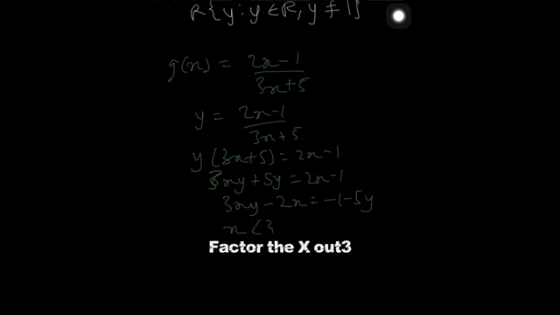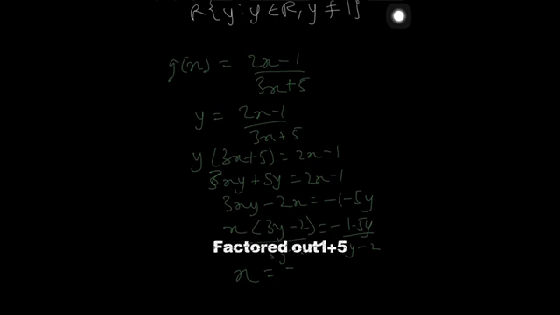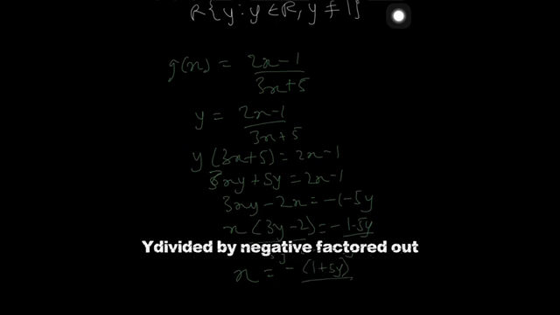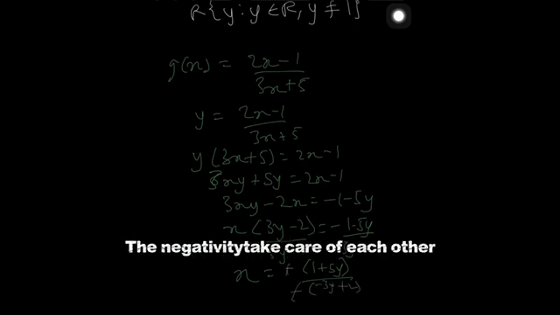Factor the x out. x times 3y minus 2 equals minus 1 minus 5y. Divide both sides by 3y minus 2. Factoring out negative 1 from the numerator and denominator, the negatives take care of each other.